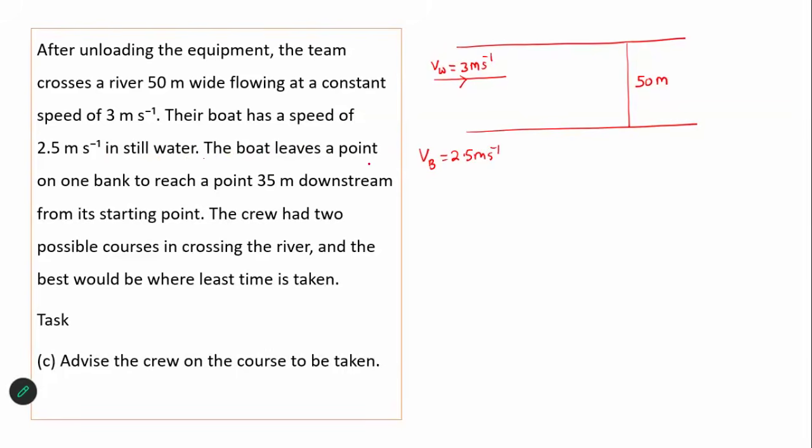The boat leaves a point on one bank. Let me say this is our point A and this is our point B. So the boat leaves a point on one bank to reach a point 35 meters downstream from its starting point. The crew had 2 possible courses in crossing the river, and the best would be where the least time is taken.